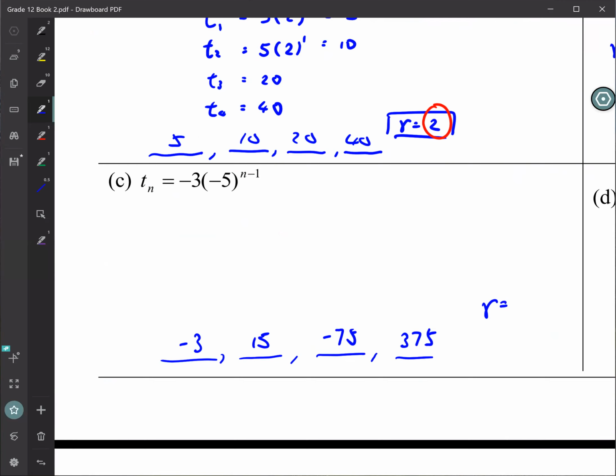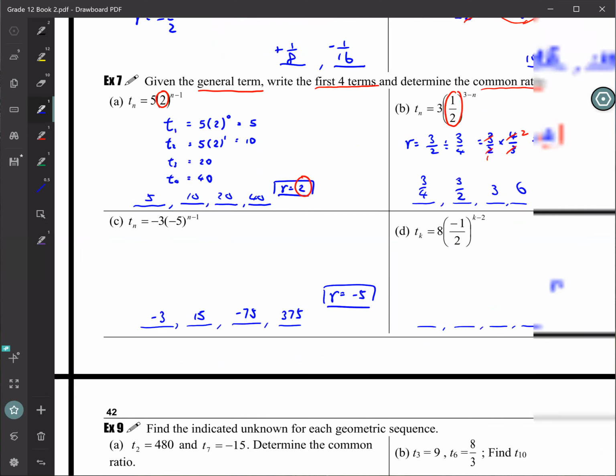What's your ratio then? -5. Yeah, very good. Thank you. Okay, so you can use the formula. This is how you use the formula. Plug in the number, okay? For question D, you can see that they use a TK instead of TN, it doesn't matter. They can use any letter they want, okay? It's the same idea.